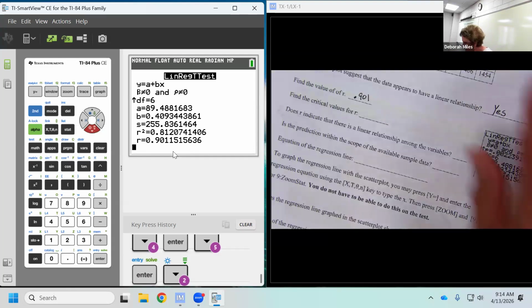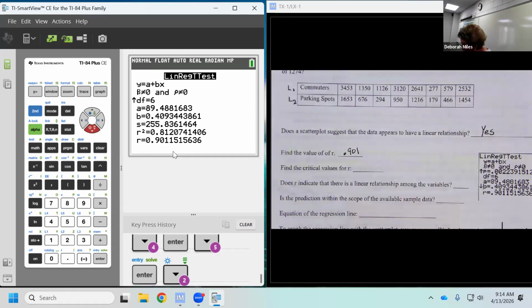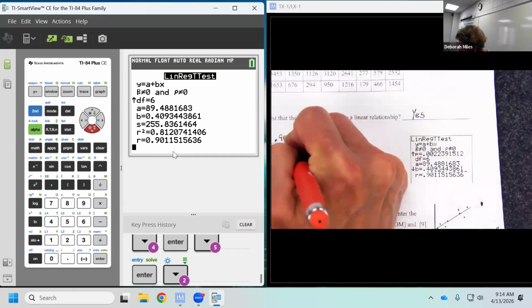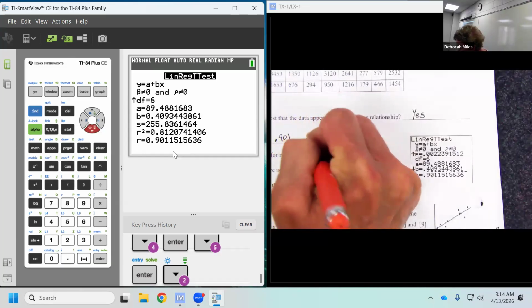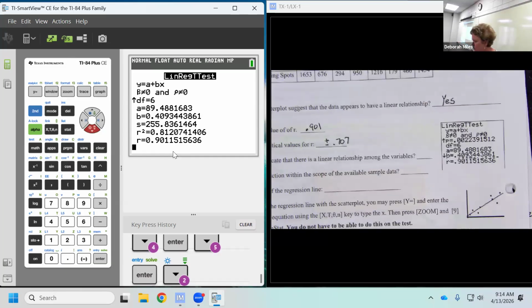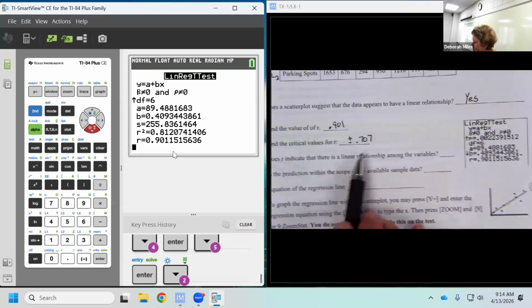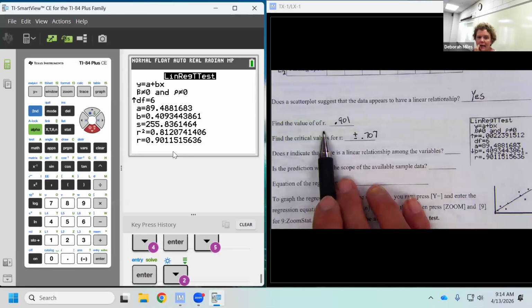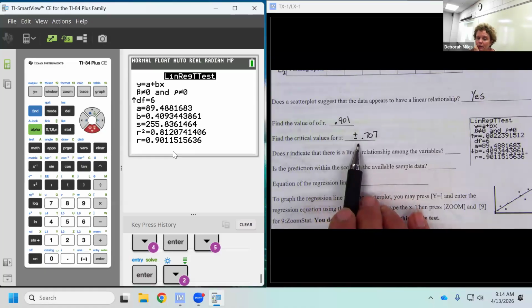So how am I going to decide? Let me write that here. R is plus or minus 0.707. That R value and these critical numbers determine if there is a linear relationship.